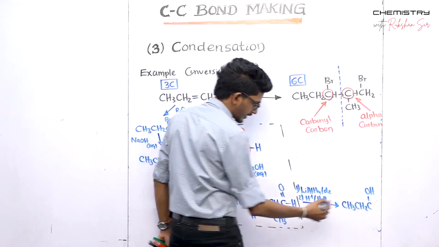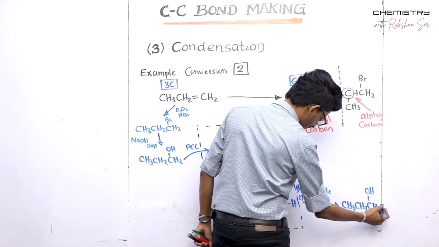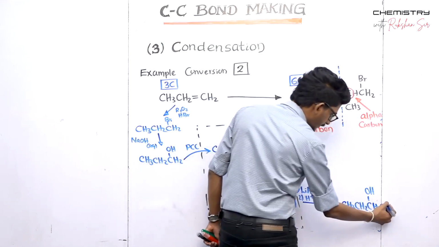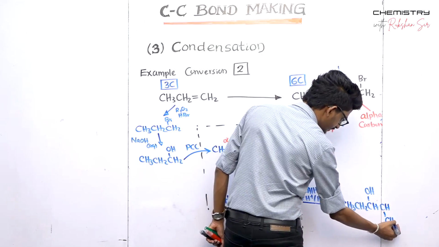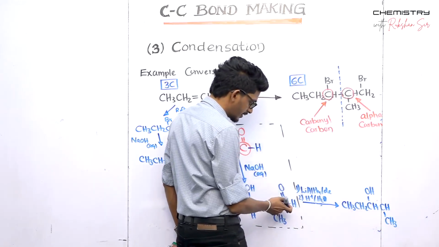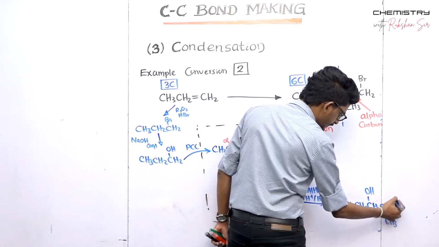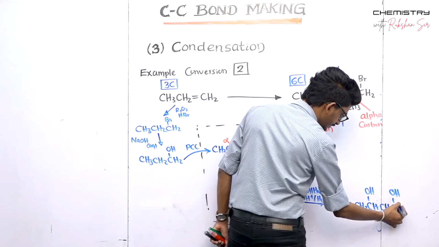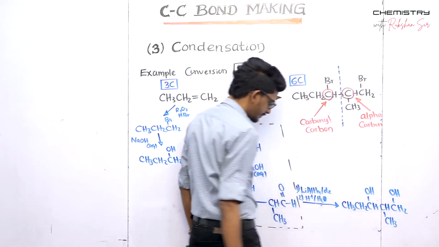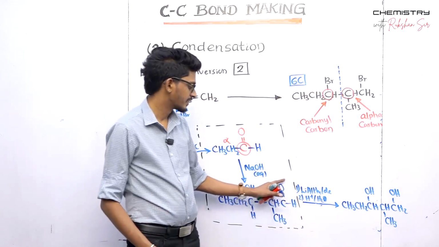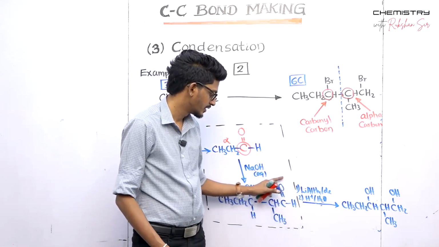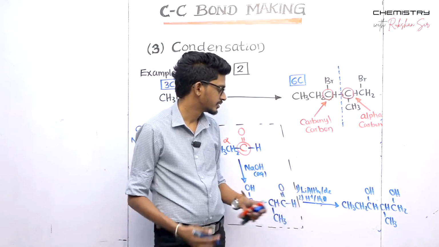This hydrogen can be written like this, no? Simply this carbon, and this is becoming OH. Right, this aldehyde section converted to a CH2OH. That is what the lithium aluminium hydride does.